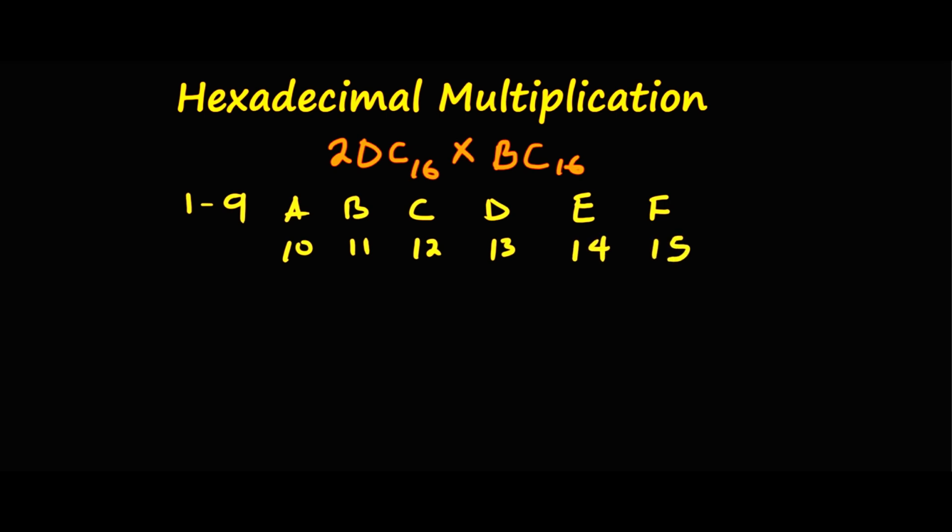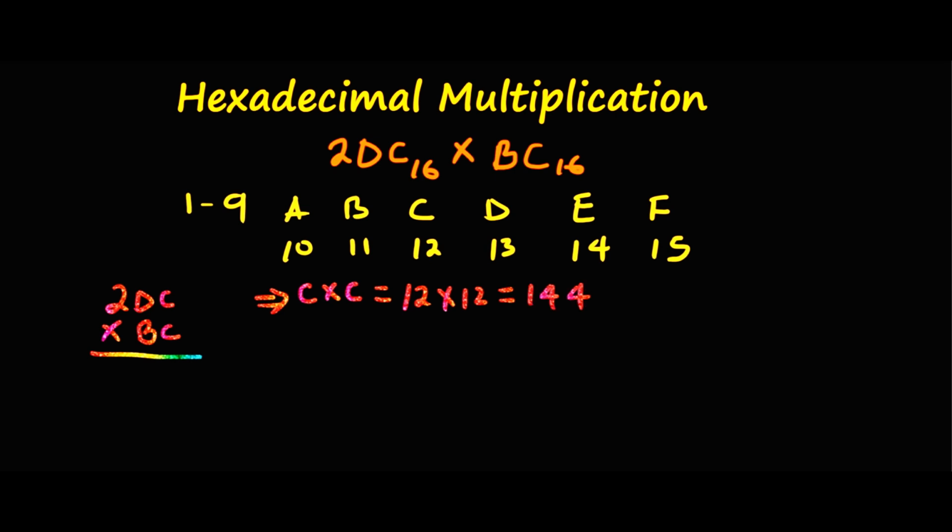So now let us perform this multiplication. You just have 2DC and you're multiplying that by BC. So the first step is to take C times C. C is 12, so that is 12 by 12, and 12 by 12 is 144.